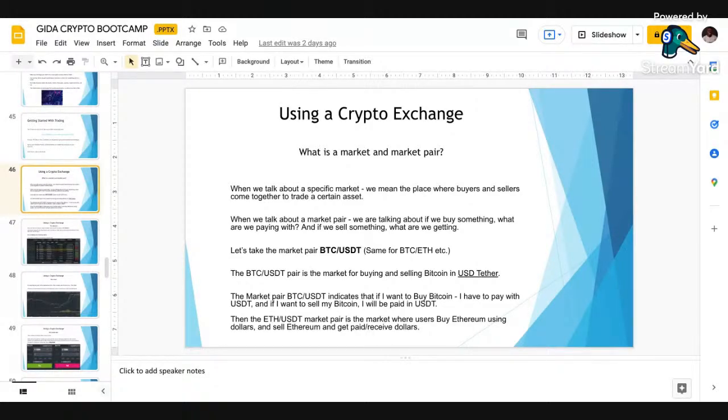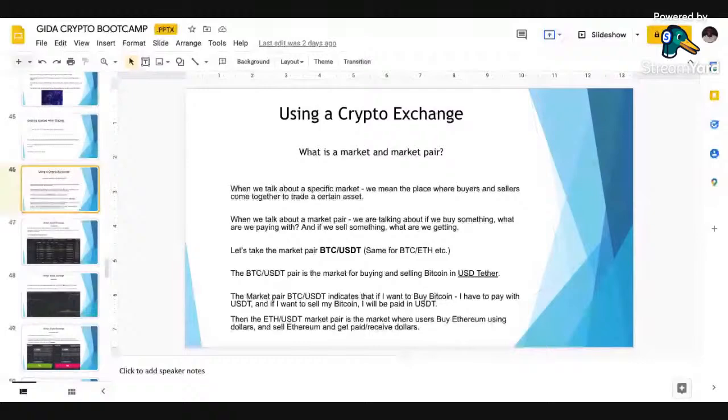Have this basic knowledge before you go into practicals. Anything /USDT, all those are the USDT market. So if you're trying to look for a coin in an exchange, what is the first thing you have to do? If you visit the general markets, first thing you have to do is look for the specific market you're looking for. If you have the stablecoin market or the USDT market, look for the USDT market.